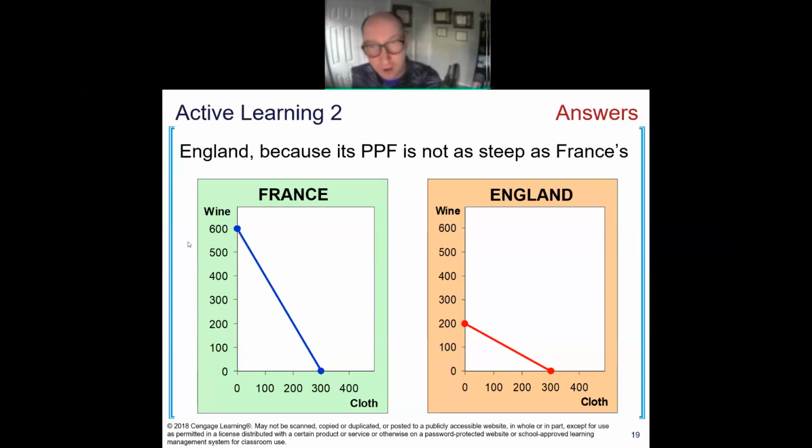If we look at the slopes, the slope for France is much steeper than it is for England. So the opportunity cost is not as bad in England as it would be in France. If I gave up 100 bottles of wine to make 10 additional clothing, my slope would be much steeper. My opportunity cost would be much steeper. And in England, that difference is less than 100.